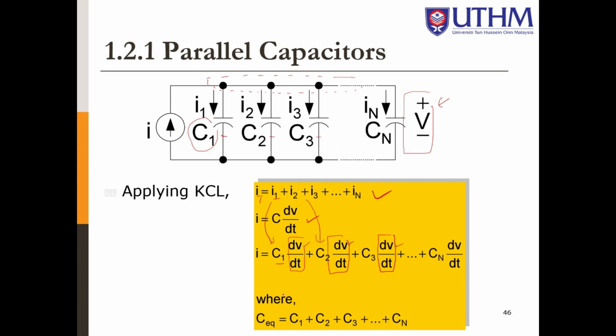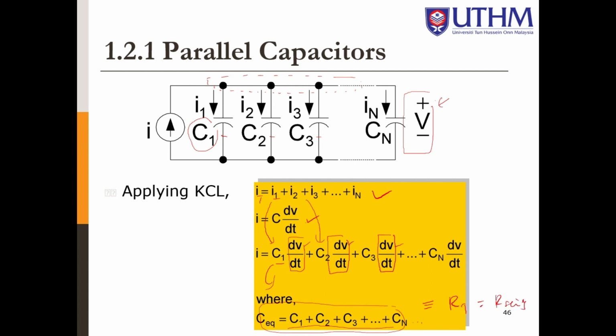From here, we can simplify the capacitors into C equivalent, which equals C1 plus C2 plus C3 and so on up to Cn. This is similar to resistors in series.